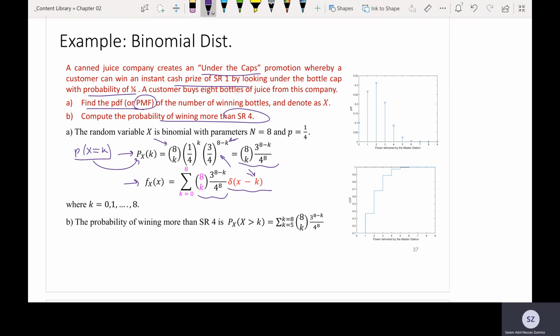However, more than 4 reals is the probability of 5 plus the probability of 6, 7 and so on. So basically you sum from 5 to 8 of 8 choose k, 3 to the power 8 minus k. Or you can use the complement, but this way is easier because it sums 5, 6, 7, 8. The other requires you to sum for 4, 3, and more.